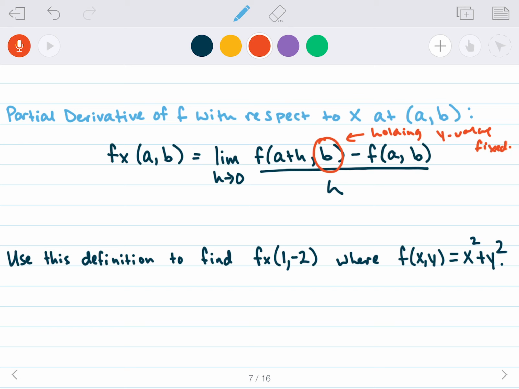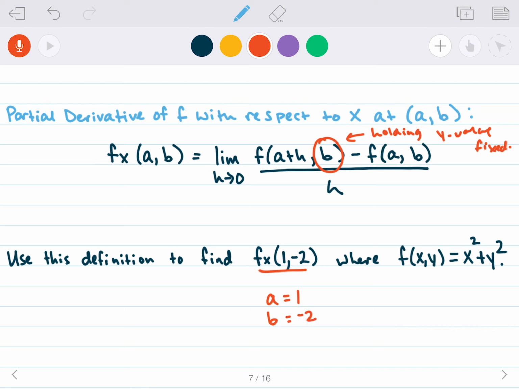And so let's go ahead and just use this definition to find the partial derivative with respect to x at 1, -2. So here, the point that we're interested in is a equals 1, b equals -2.